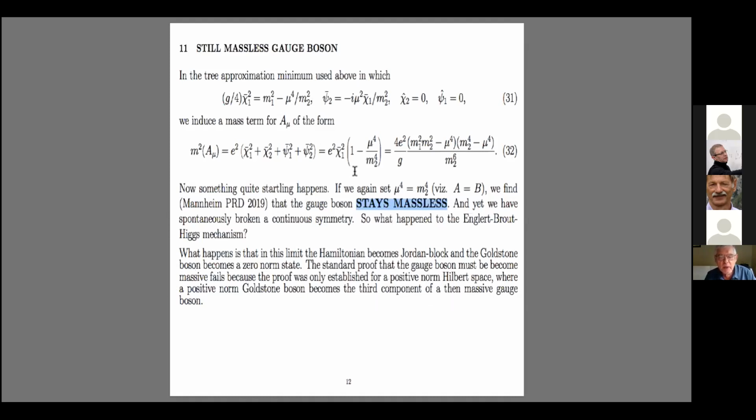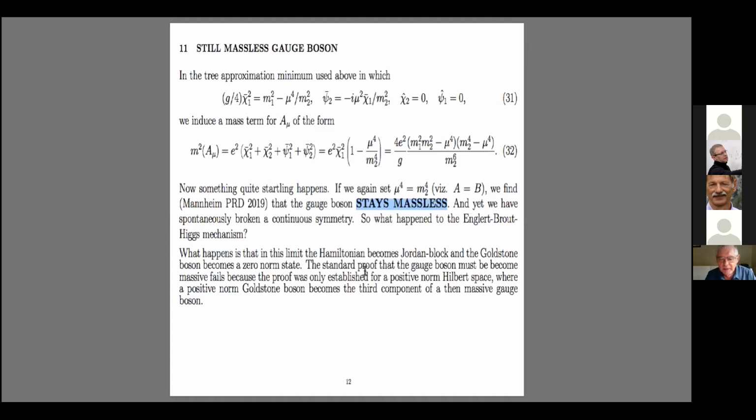But in the Jordan-Bloch situation, it doesn't happen, and consistently the gauge boson stays massless because there's no third positive norm state that can join its 2 transverse states and give you a massive gauge boson.